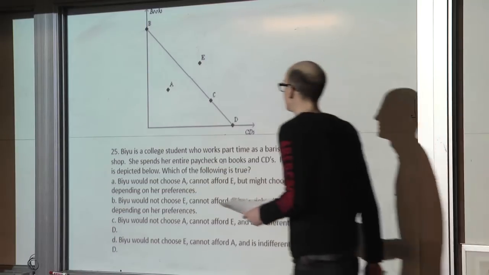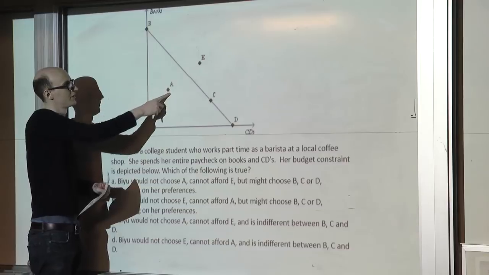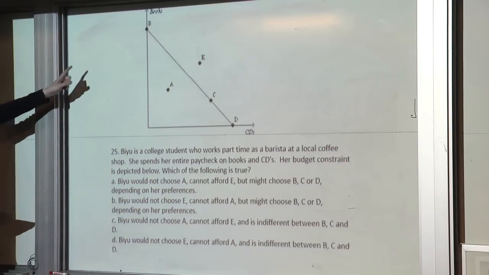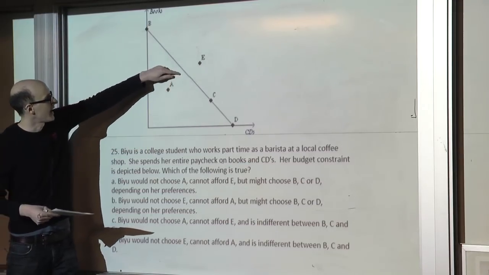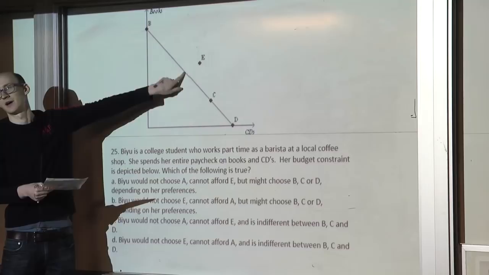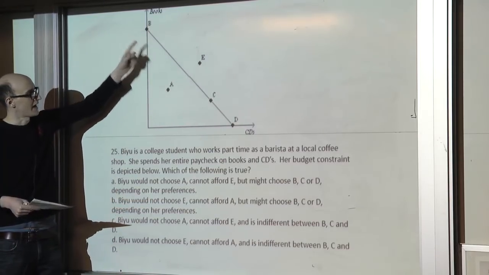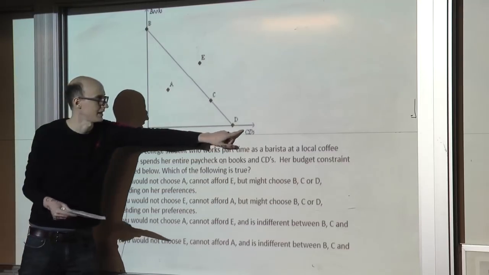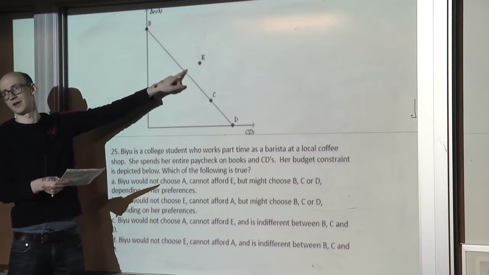Why she would not choose A, because she spends all of her budget on books or CDs, right? So she's always going to operate at her budget constraint, right? This budget line represents how many books I have to trade for to get 1 CD, right? On my line of income, right?